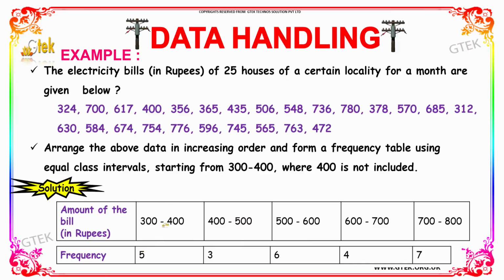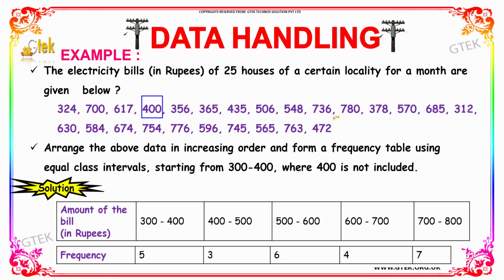So here, the data which are coming in between 300 and 400 are 5: 1, 2, 3, 4 and 5. So there are 5 houses in the locality which is having the electricity bill in the range of 300 to 400, where your 400 should not be included in this case. It is added into the next case.